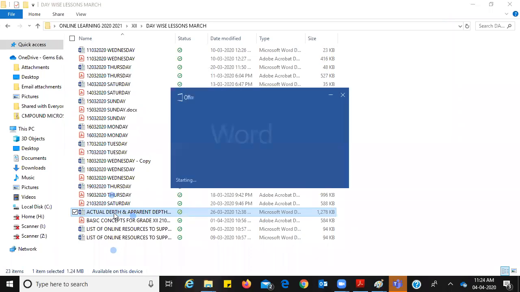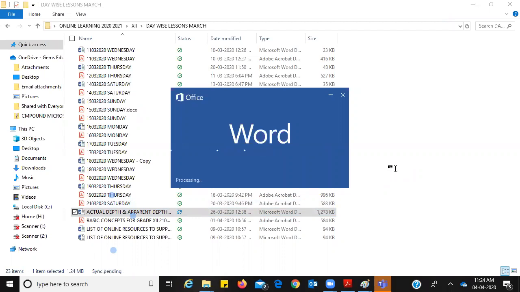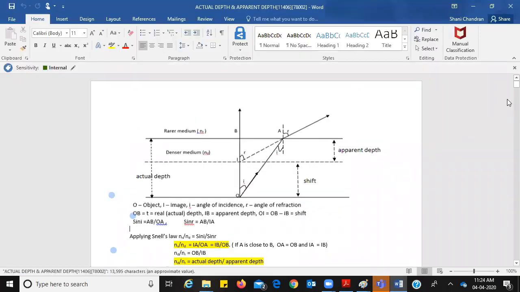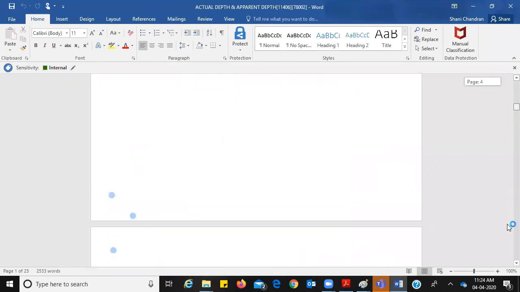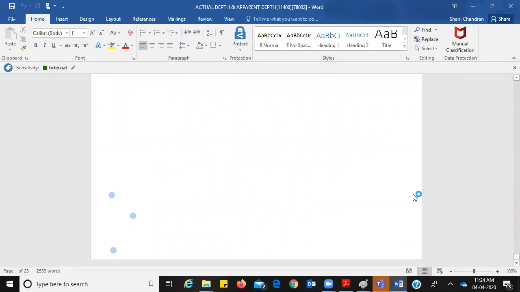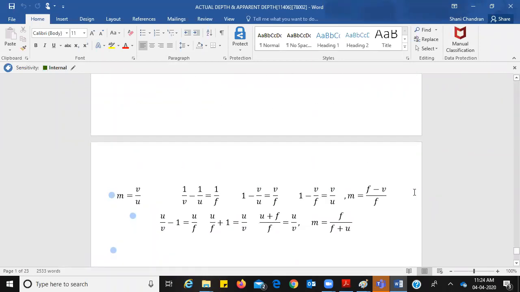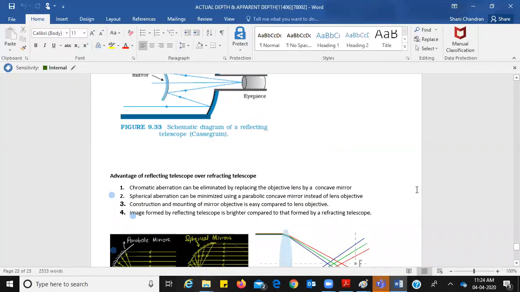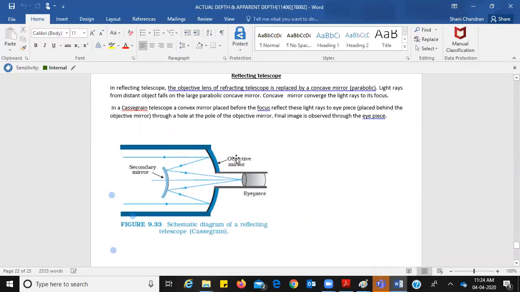In a mirror, light won't pass through. It just touches the surface and reflects back. So there's no possibility of light getting refracted or absorbed. So those are two basic advantages of a reflecting telescope over a refracting telescope.